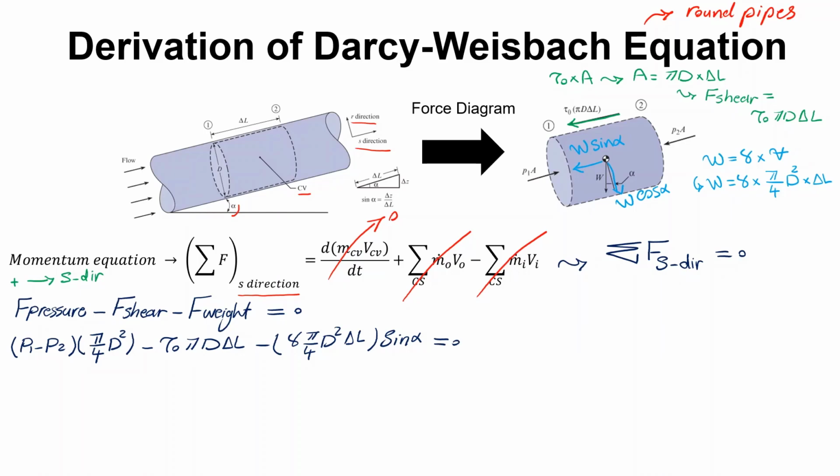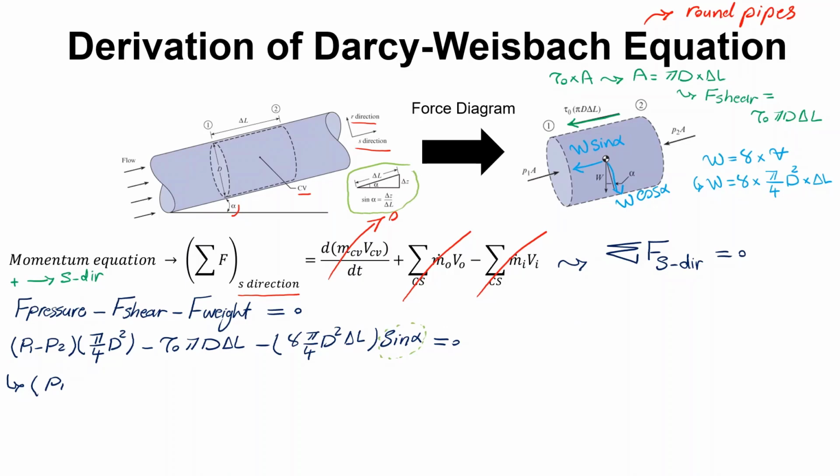Perfect. So now I'm going to do a little bit of reorganization and write this equation in terms that are familiar to me. So this equation can be written as, I'm going to write pressure at section 1. You need to pay attention that we can replace sine of alpha with its equivalent. So take a look at this triangle over here.